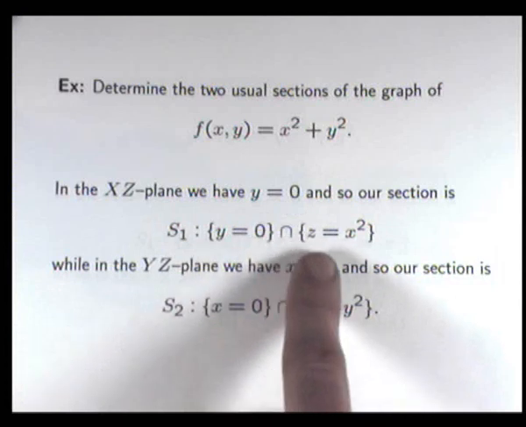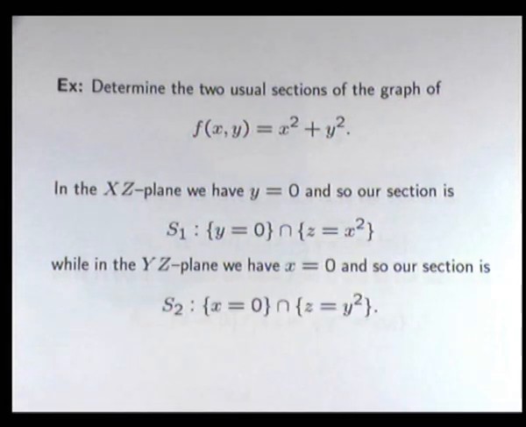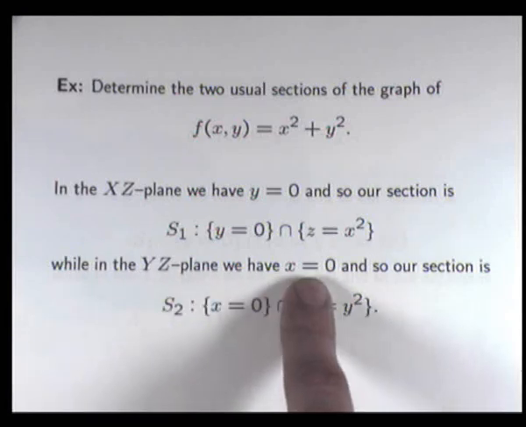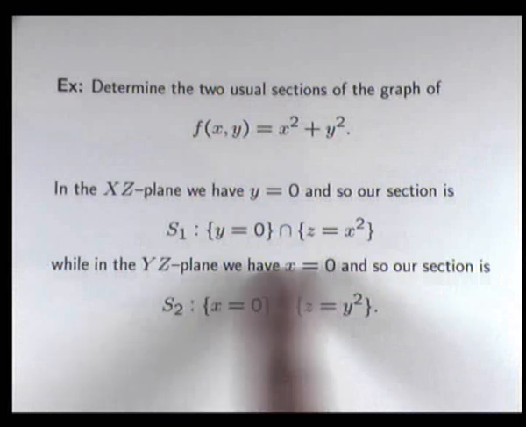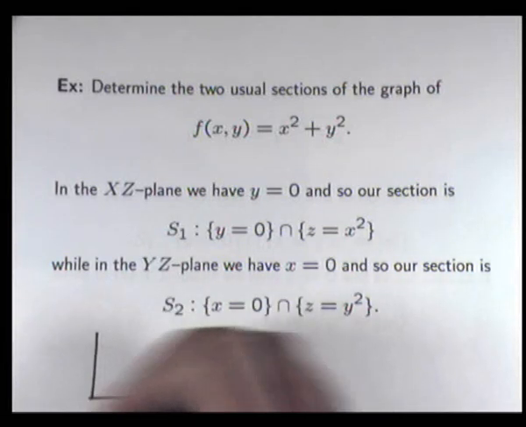That then gives us z equals x squared, which is going to be some sort of parabola lying in the XZ plane. In the YZ plane, we have x equals 0, so we set x equal to 0, and we get z equals y squared. Again, another parabola.